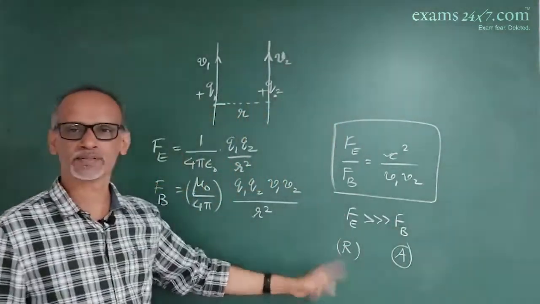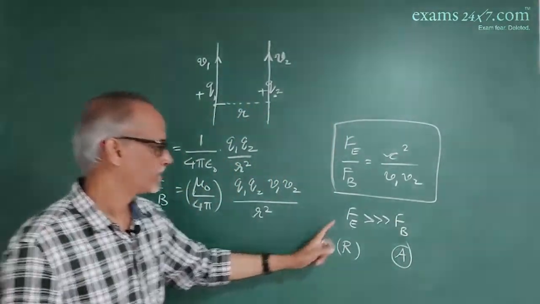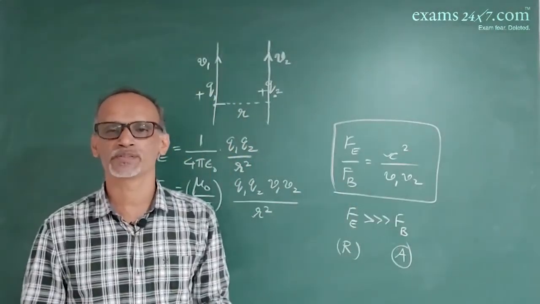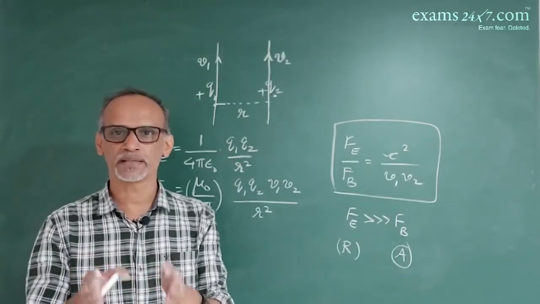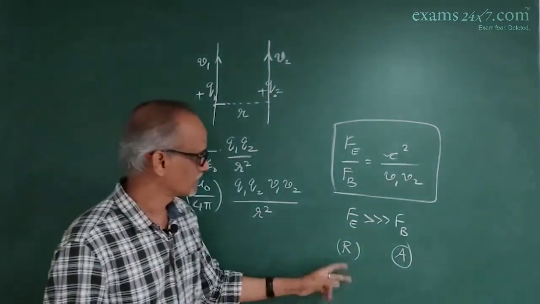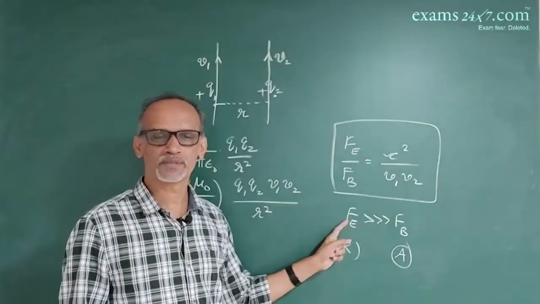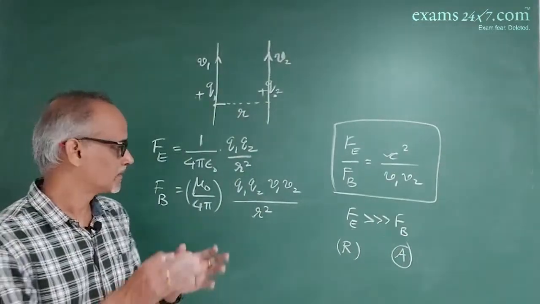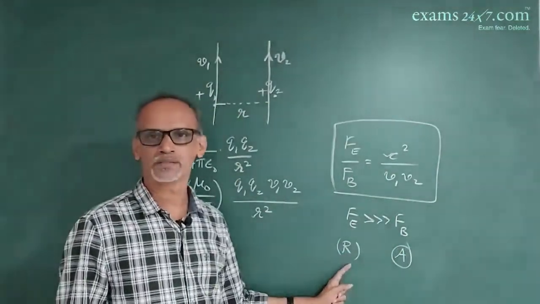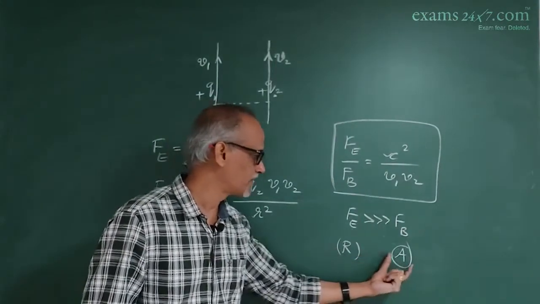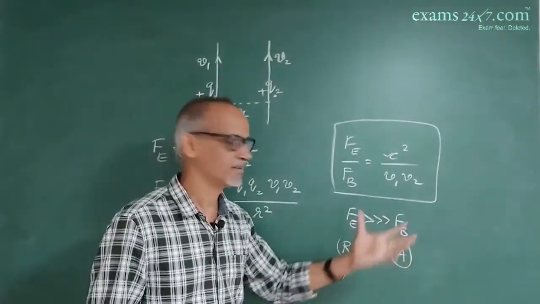So electrostatic force is repulsive, magnetic force is attractive. So what is the net force between two like charges moving in the same direction? As I mentioned, electrostatic force is much stronger than the magnetic force. The nature of the force is repulsive because the repulsive force is very large compared to the attractive magnetic force.